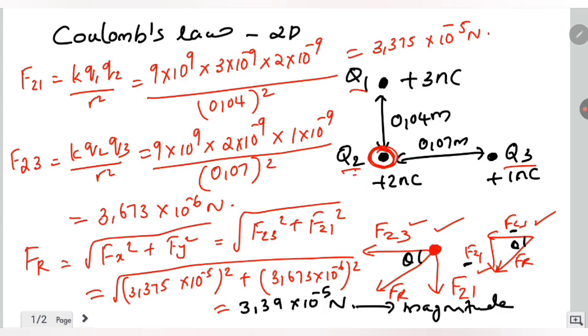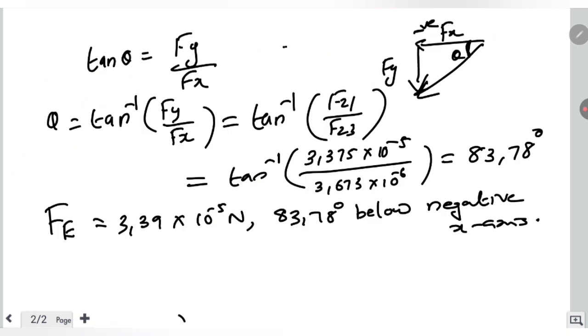So you first identify the forces, identify their directions, and then you calculate the forces separately. Then use Pythagoras to calculate the magnitude. And after that, if the question is not demanding magnitude only, you have to go for theta to get your direction. So this step is for the direction.